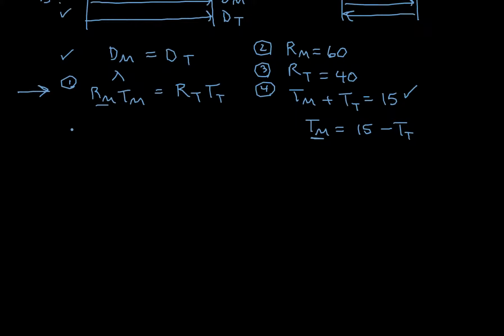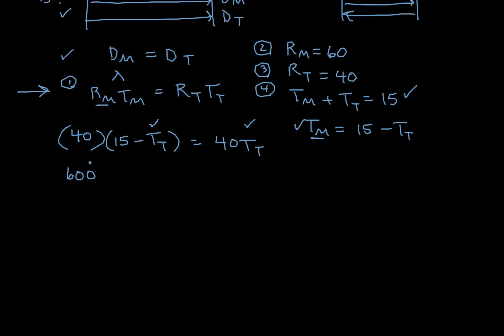Rate on Monday is 40. Time on Monday, we just solved it for TM, so we're going to put in here 15 minus time Tuesday. Rate on Tuesday is 40. Time Tuesday, that's the variable we're going to leave in. Since we have it here, we're just going to leave it in here. And then we just solve those. 40 times 15 is going to be 600.